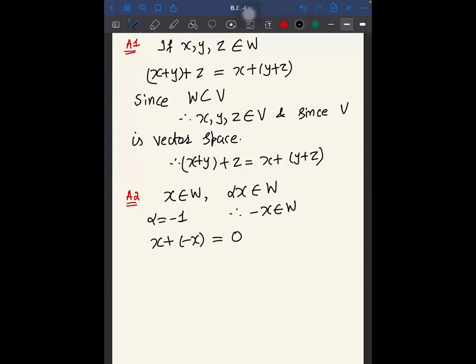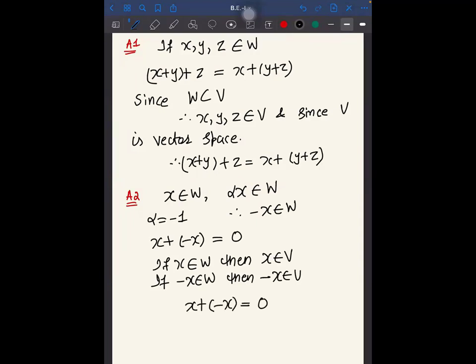Why? Because if X belongs to W, then X also belongs to V, and if minus X belongs to W, then minus X also belongs to V. And we know that if X and minus X belong to V, then their addition will result in the additive identity, right? Is it fine?